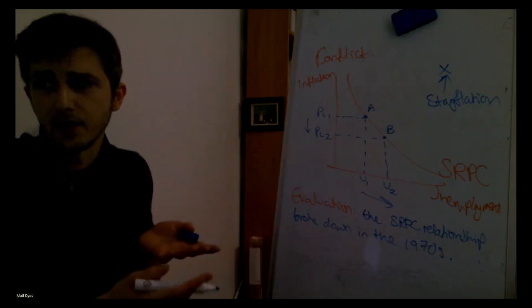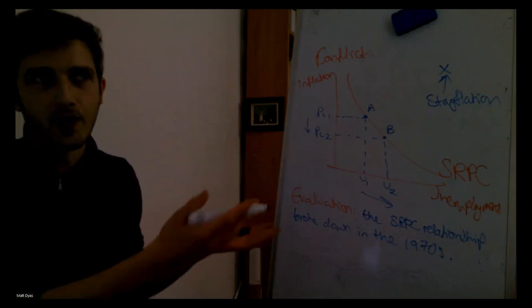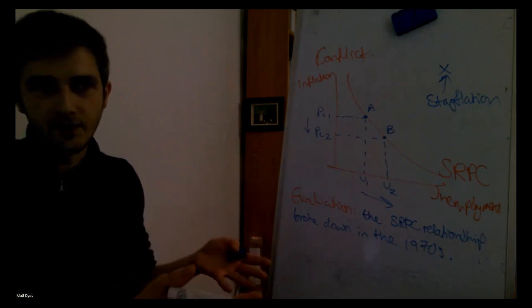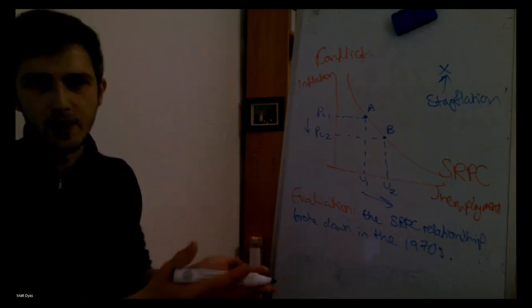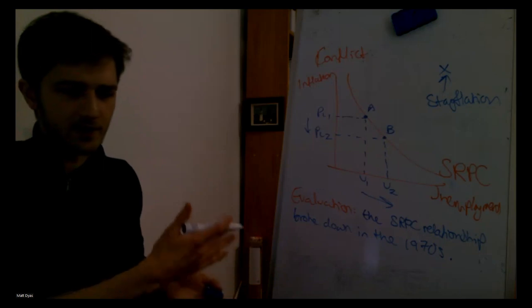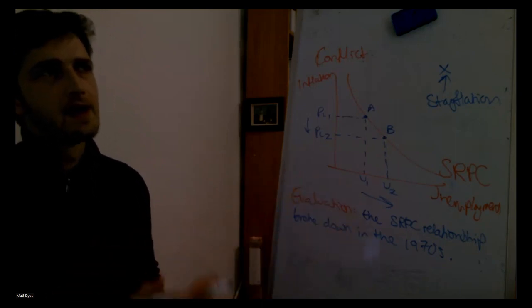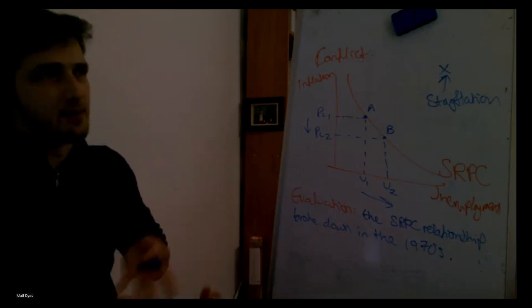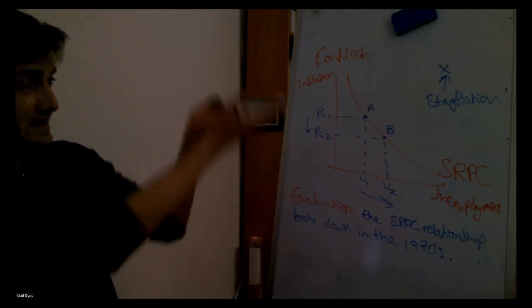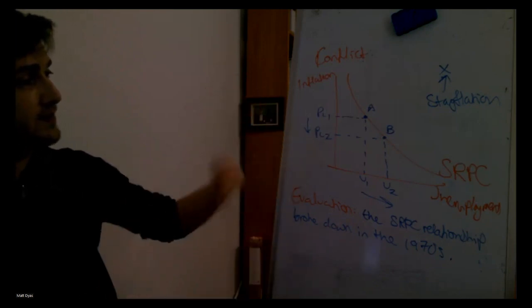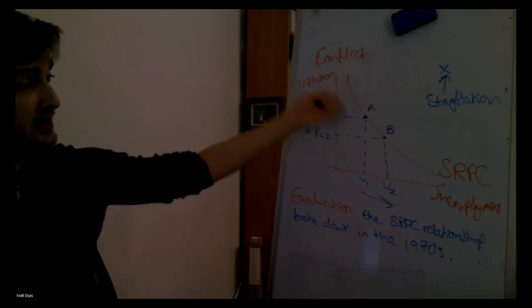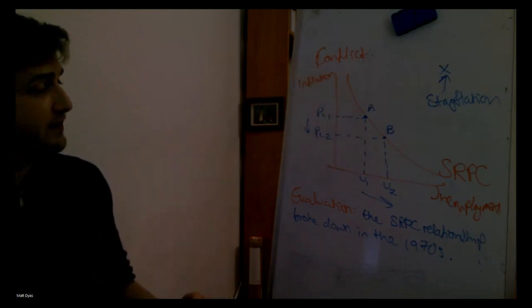It basically says the Phillips curve was true for the 1960s, 1950s, whatever, but it's not always true forever. It's not something that is replicable over time. So basically the evidence does not match the extrapolation of this to other time periods.